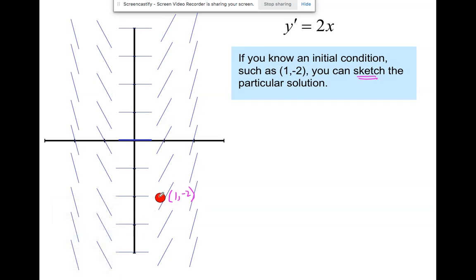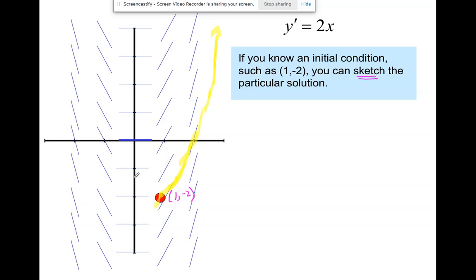So what they want you to do is start with the initial condition and then let the slope fields guide you. As x is moving right, your slopes are getting steeper and steeper, so your graph should get steeper and steeper. Glide along. Don't ever cross a slope field perpendicular, right? The slope fields are your guidance.